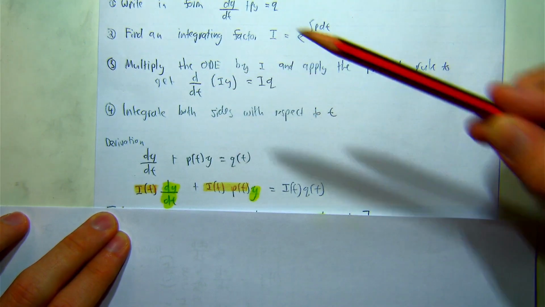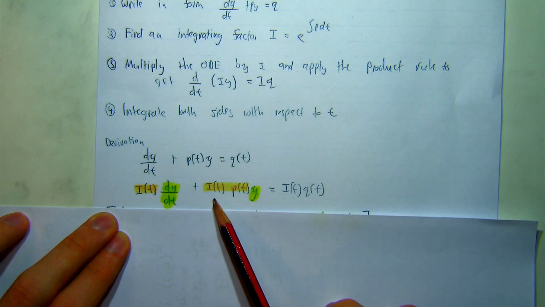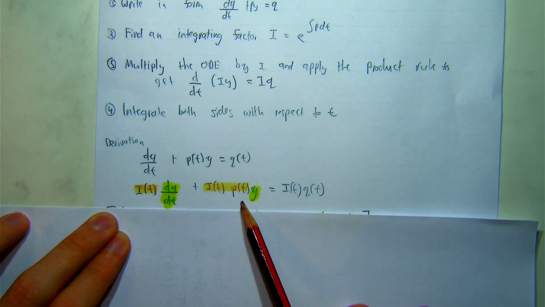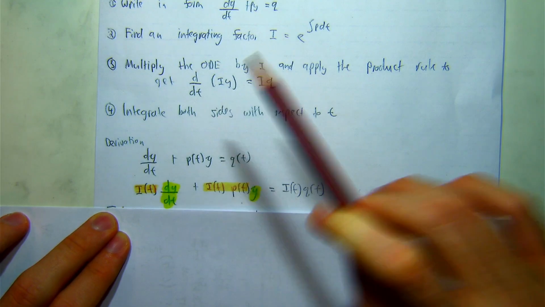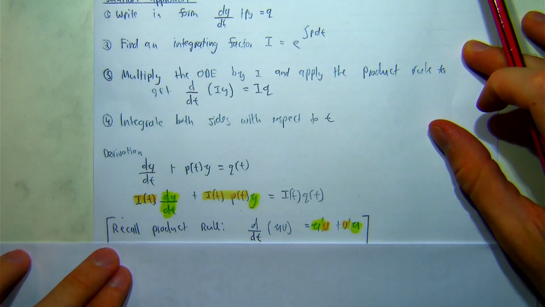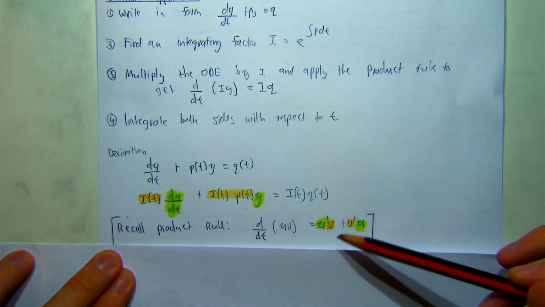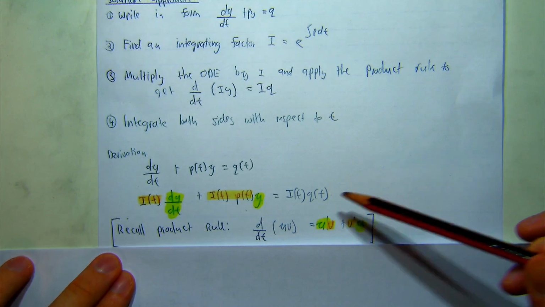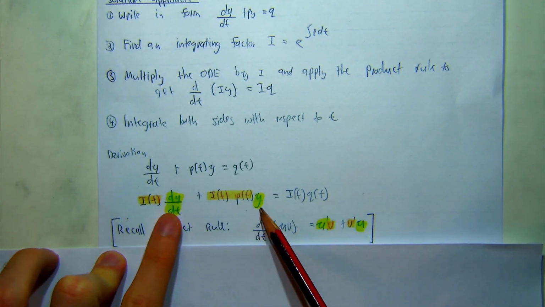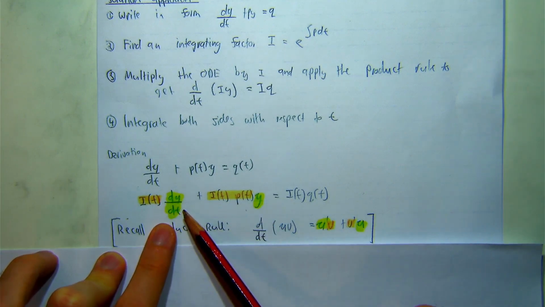And for that to work, we're going to need I of t multiplied by p of t to be equal to the derivative of I. So if we look here, the product rule is that the derivative of u times v is equal to u dash v plus v dash u. And if we look at y as our u, then this obviously is u dash, it's dy on dt.